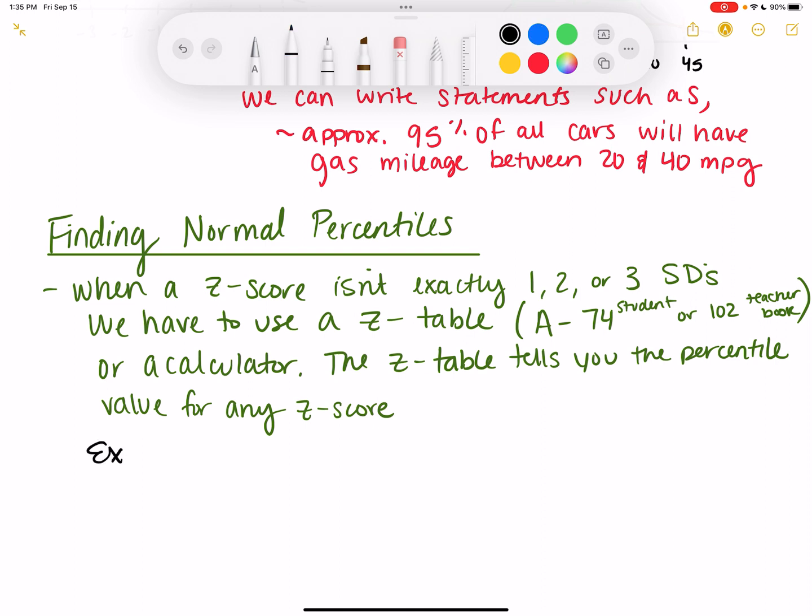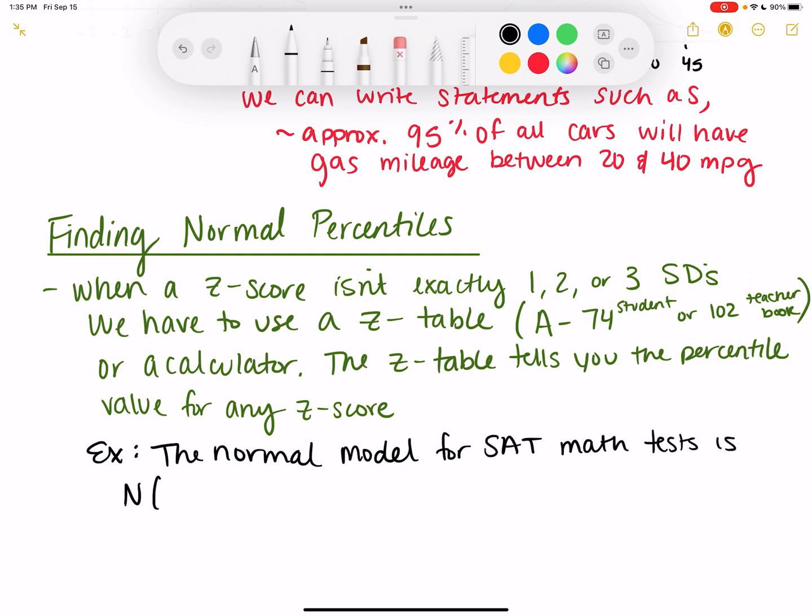So, for example, the normal model for SAT math tests is N(500, 100).